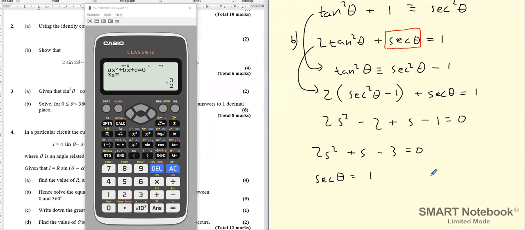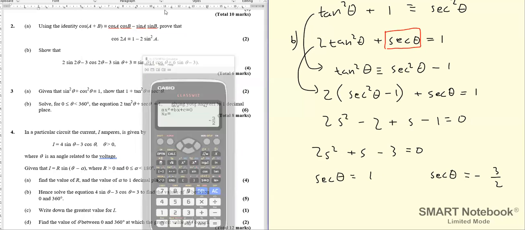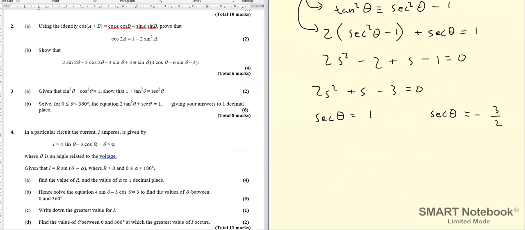And the second solution we get is sec theta equals minus 3 over 2. Now, we need to solve in that particular range where it includes 0, but it doesn't include 360. Okay. Now, sec theta equals 1 is the same as saying cos theta is also equal to 1.